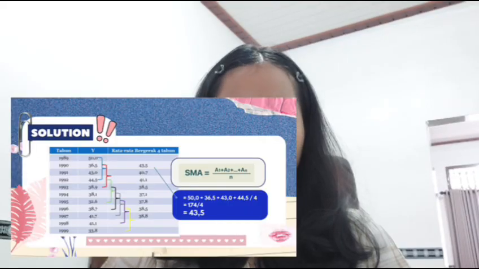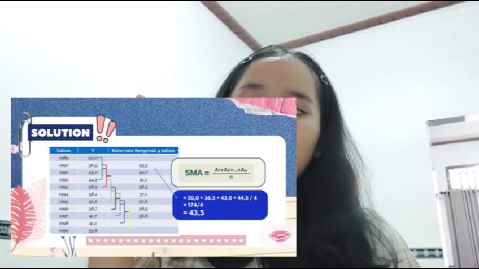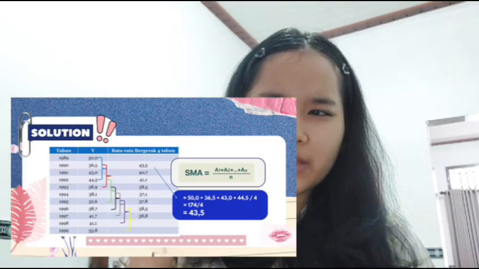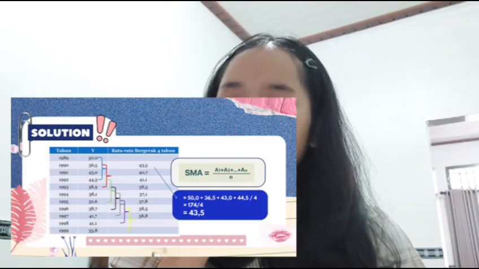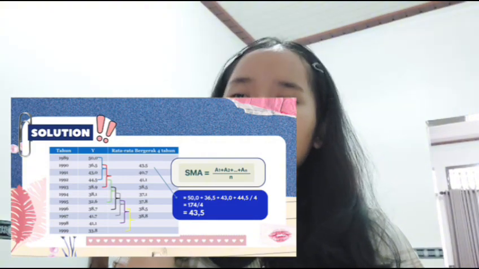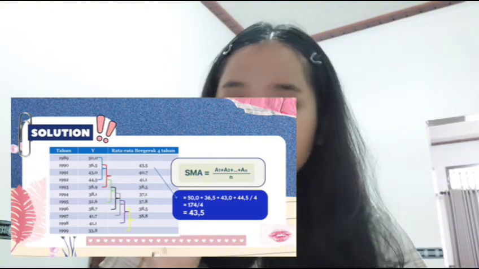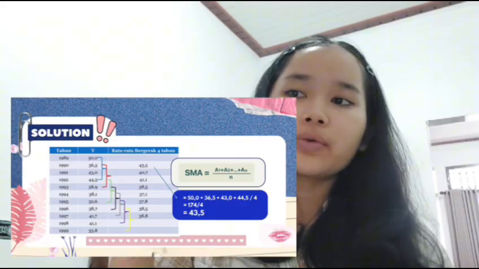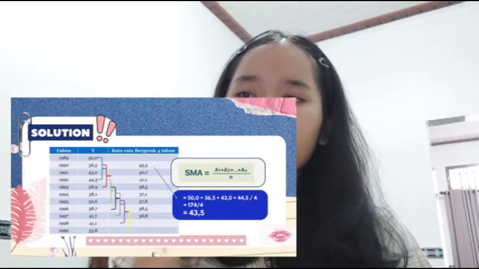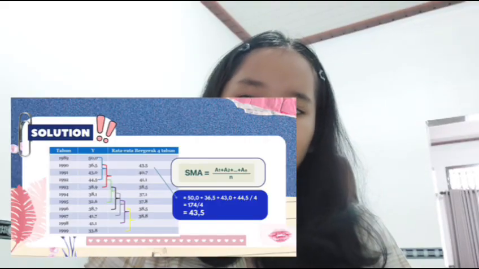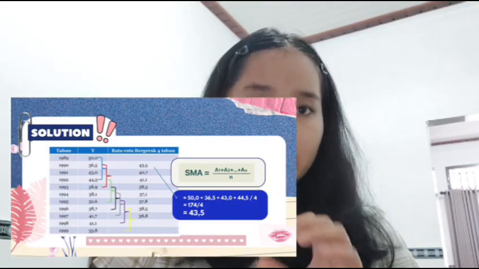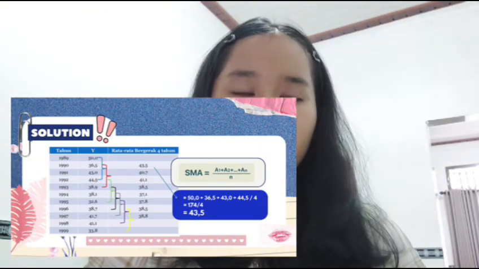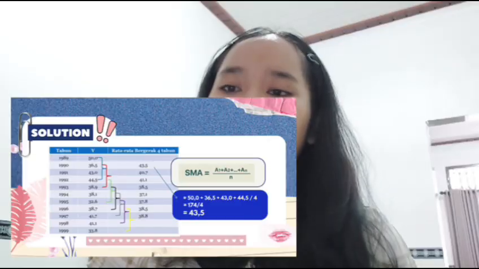From this data, for the example I use the blue line. It starts from 1989 until 1992. We calculate the sum total of y and divide it by n, the number of years, which means 4 years.